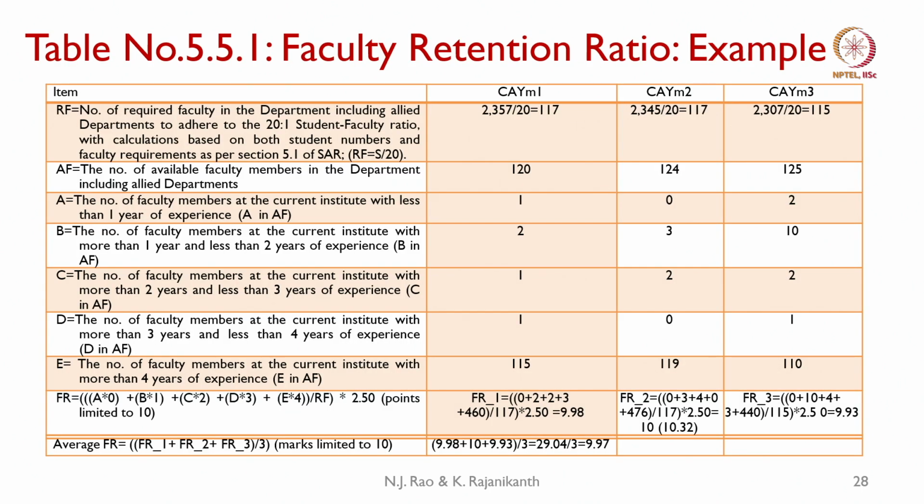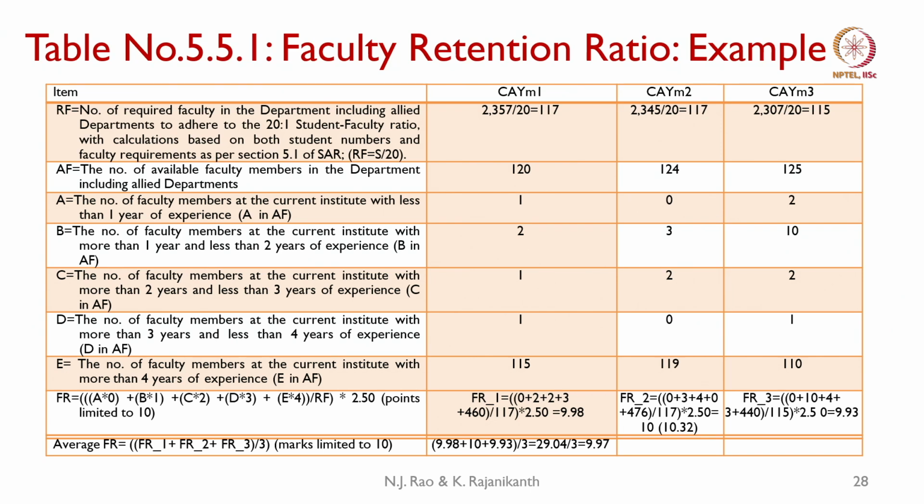So this is how the calculations are done. This is just one example of different values of A, B, C, D, E, and how the calculations come up. In the first case, CAY M1, it has come to 9.97, so the maximum marks is 10. But if you see CAY M2, then the required faculty is only 117, but the available faculty is 124.